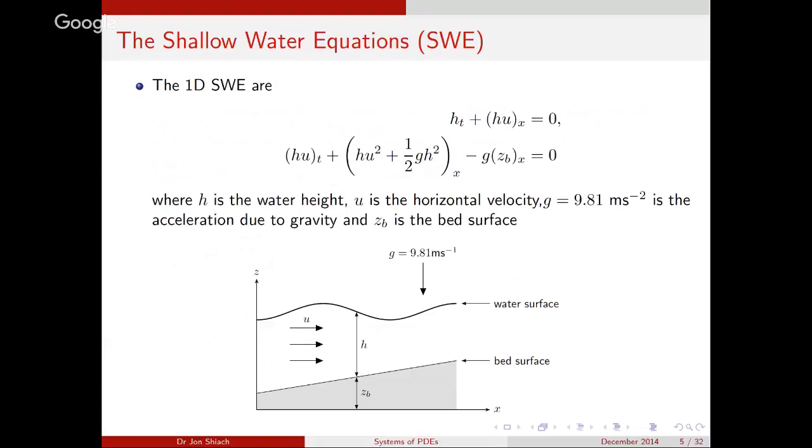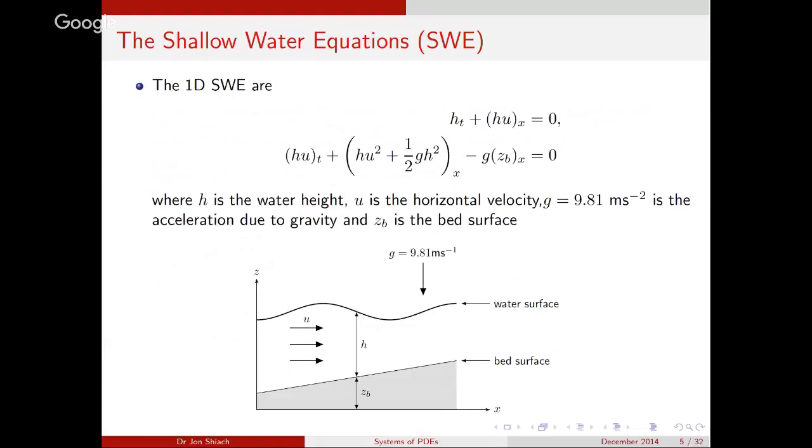When u is positive, your water's flowing left to right. When it's negative, it's flowing right to left. Water acts under gravity, so we've got a gravitational force pushing the water down. So that's 9.81. That should be a -2 there. Did it say that in the notes? Was it -1 or -2? Yeah, that's right. It's correct in the notes.